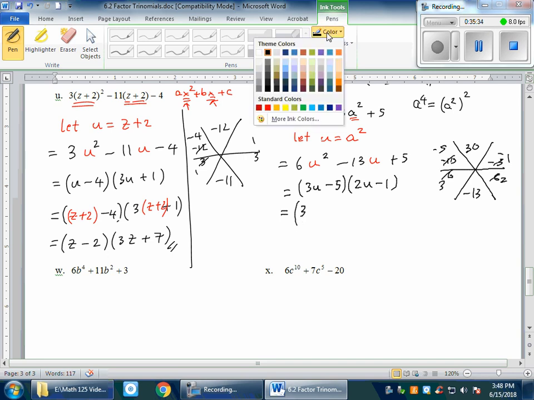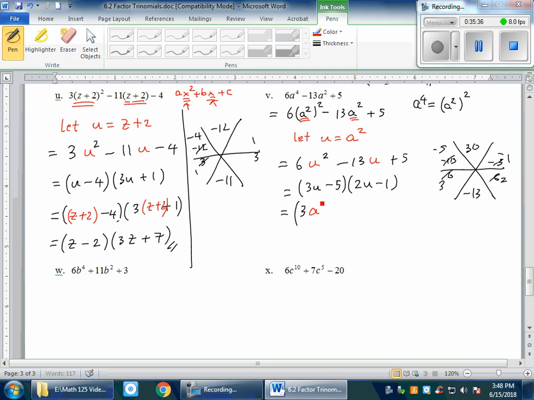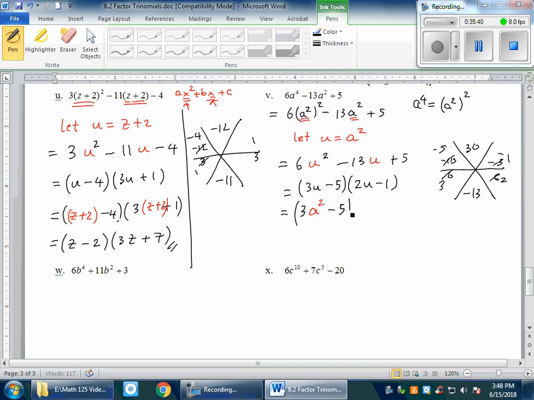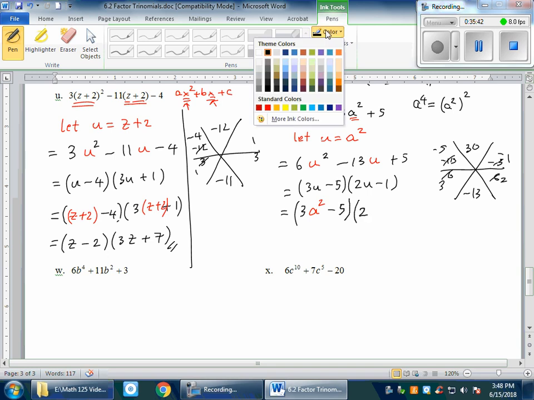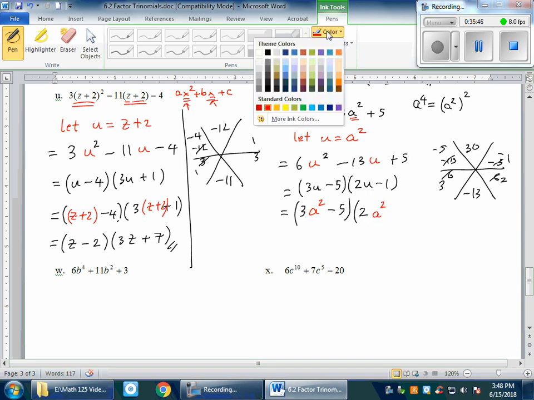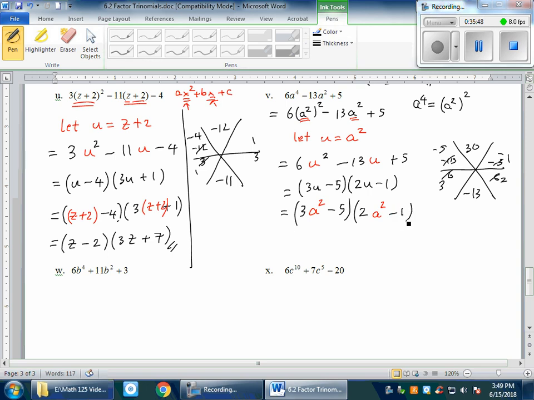So this will become 3 times a squared minus 5 and 2 times a squared minus 1. We're substituting u with a squared. Where do I get a squared? Right here, right? You originally did that.